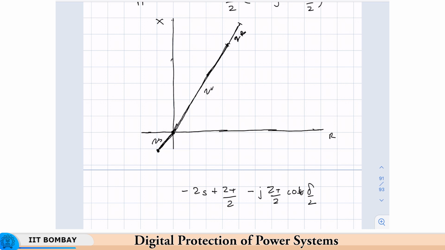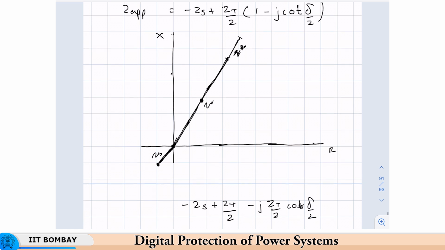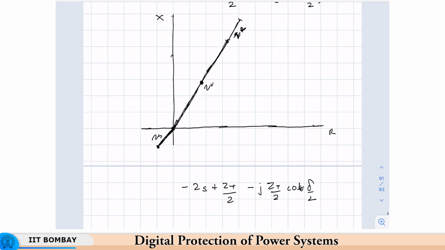Okay. So, now from minus Zs you go to Zt by 2, which need not be in the middle of the line, it could be anywhere, because it depends on the relative magnitudes of Zs and Zr. If they are equal, then that will be at the midpoint of the line. If they are not equal, then it could be anywhere, and we will see some specific cases next time also, when we discuss electrical center.